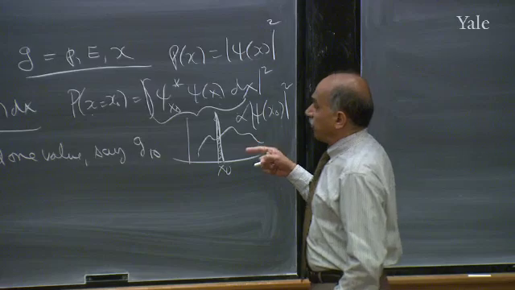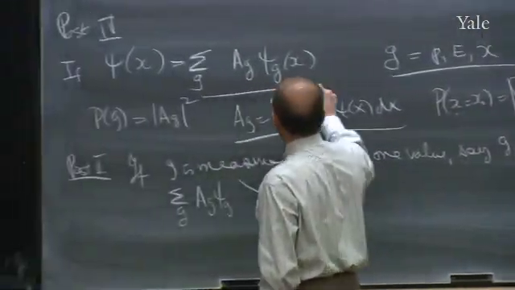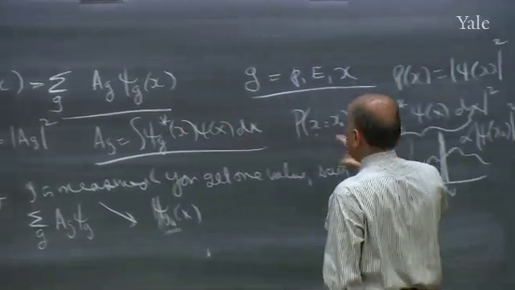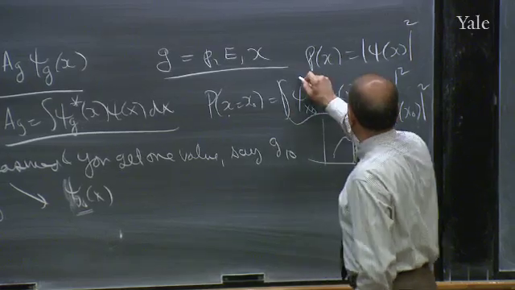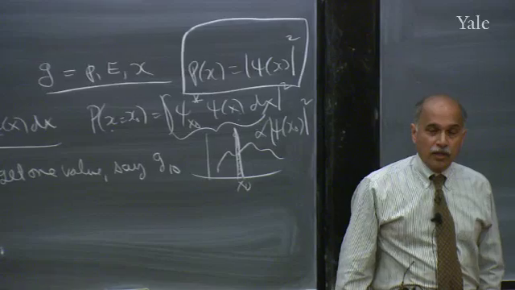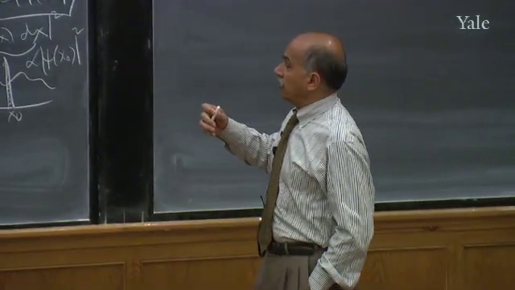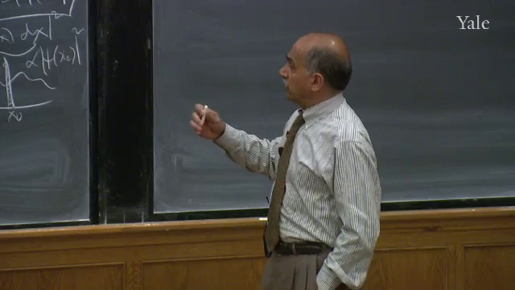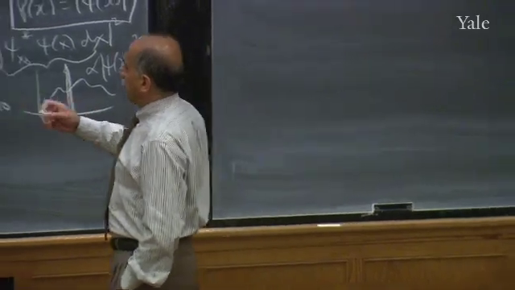So again, for position, you can write a separate postulate, but it's not needed. The postulate that I gave you here, if you put g equal to position, will give you the same answer, namely this one. Again, if you don't want to get into too many details, I would say the following is what you should know. If you want a state of definite momentum, or the probability for definite momentum, take the integral with psi sub p.